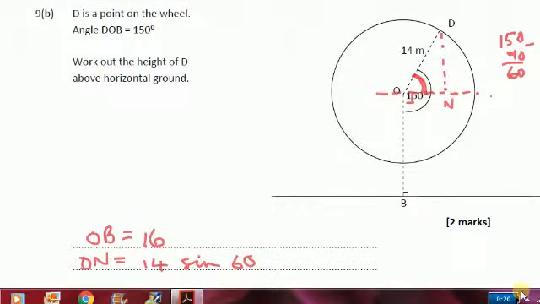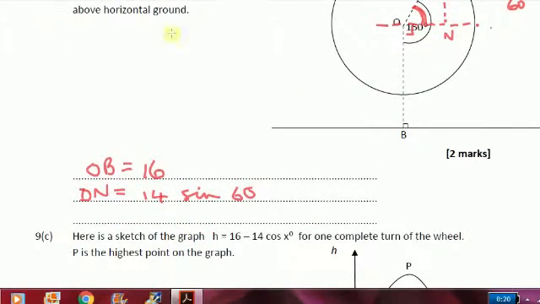So 14 sine 60, you then use your calculator to get that expression. And when I do that, I think I get 12.124... So I've got OB, I've got DN.